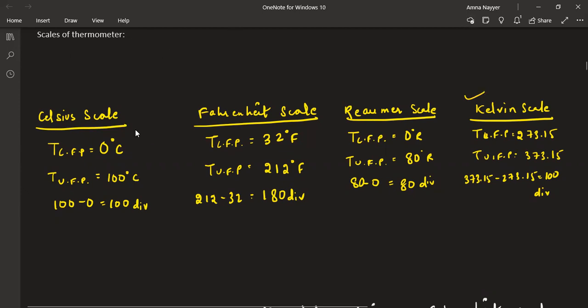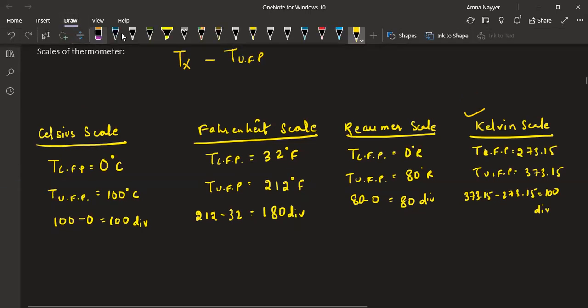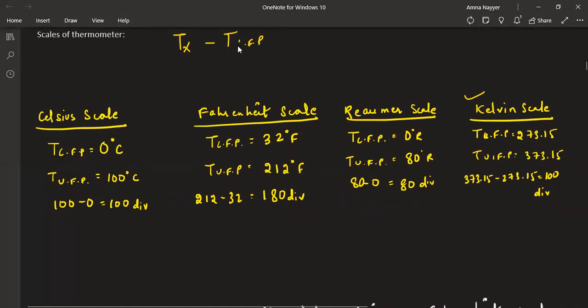Now, how do you write it? Any temperature is given, let's say some temperature X. Subtract the thermometer's lower fixed point from it, then divide by the difference of upper fixed point minus lower fixed point. This will always remain constant.